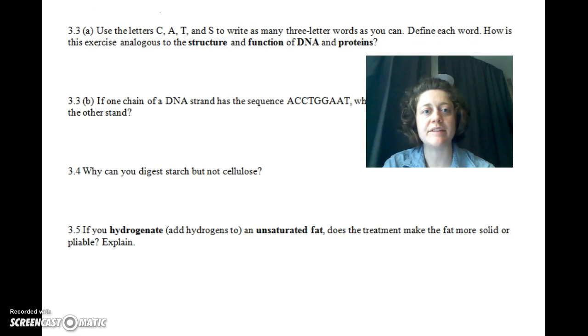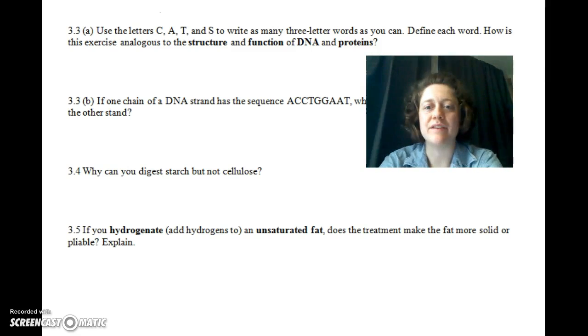Using the letters C, A, T, and S, I believe that I meant to put G in there. Write as many 3-letter words as you can, and what I want you to do with this exercise is to define each word, even if it's a silly word that you make up, or if it's an acronym for something.